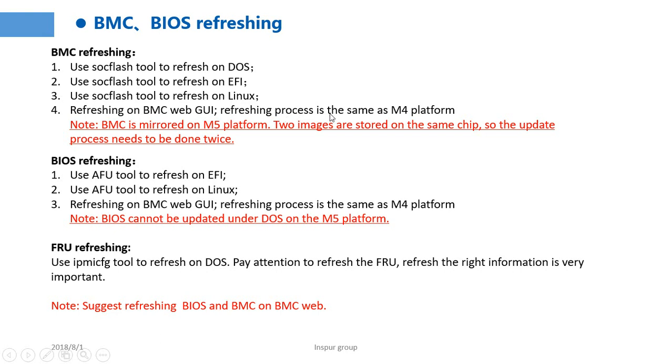The refreshing process is the same as the M4 platform. But we need to notice that the M5 platform BMC is mirrored. 2 images are stored on the same chip, so the update process needs to be done twice.